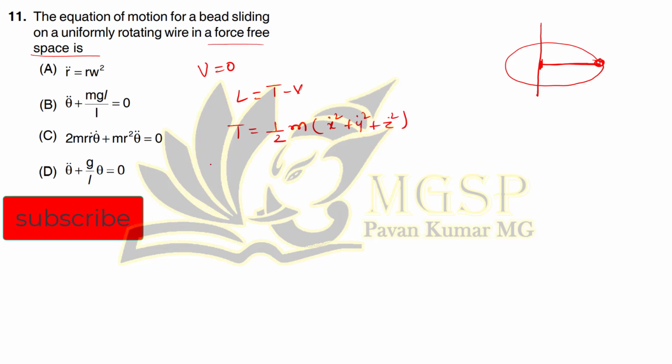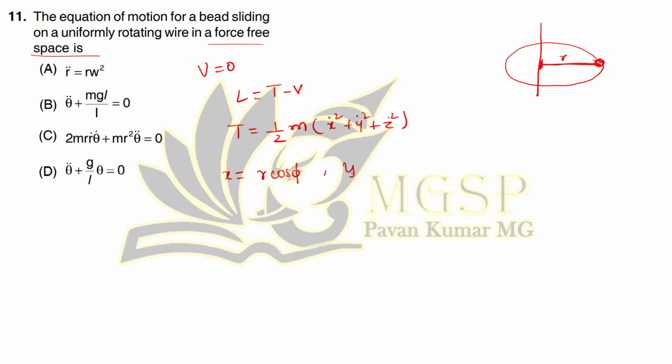Since it is in cylindrical coordinates, x is equal to r cos phi, y becomes r sin phi, and z becomes z.